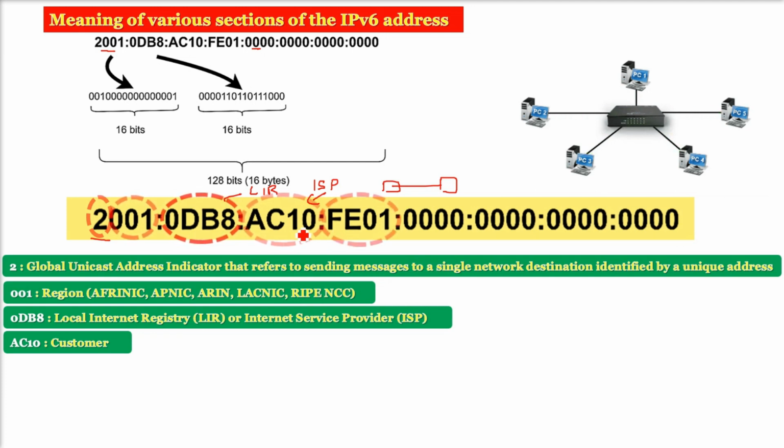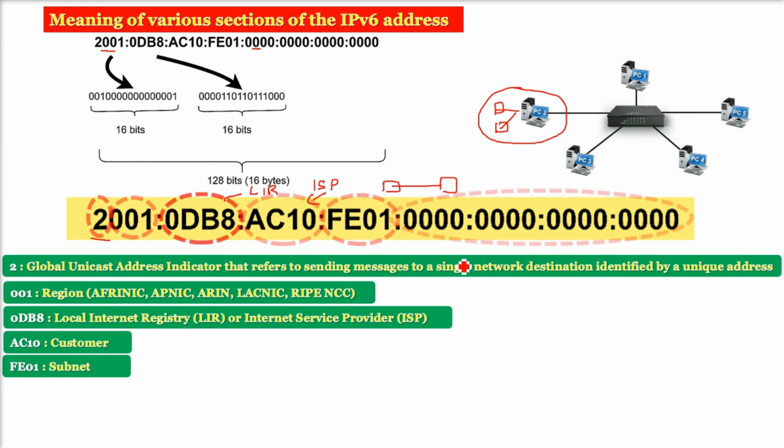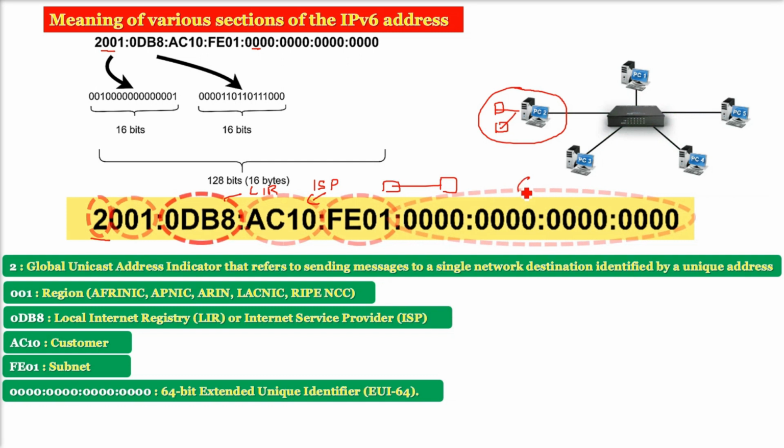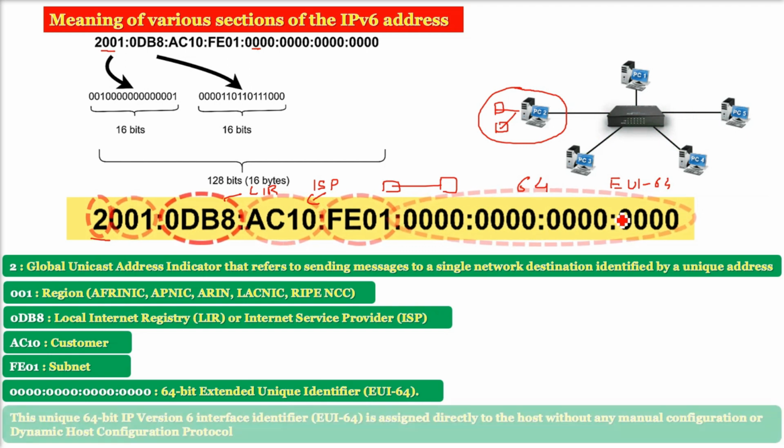Then we have FE01, this is a subnet. There are different networks, and the networks have their subnetworks that are called subnets. Okay, subnetwork. So that is the number, FE01. After that we have 4 more hexadecimal numbers separated by colons. This whole part is a 64-bit extended unique identifier, EUI-64, and this is specially for your computer, your system.